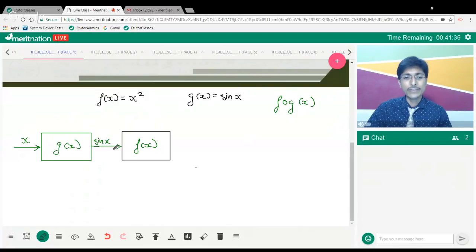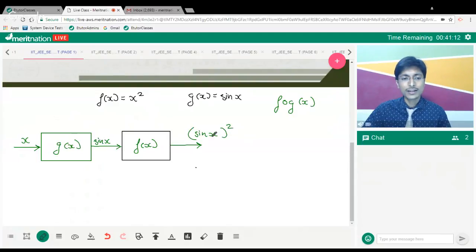Now in f(x), x will not go, sine x will go as the input. And f(x) is the function which squares anything which comes as the input. So as simple as that, I'll be getting sine x whole square.